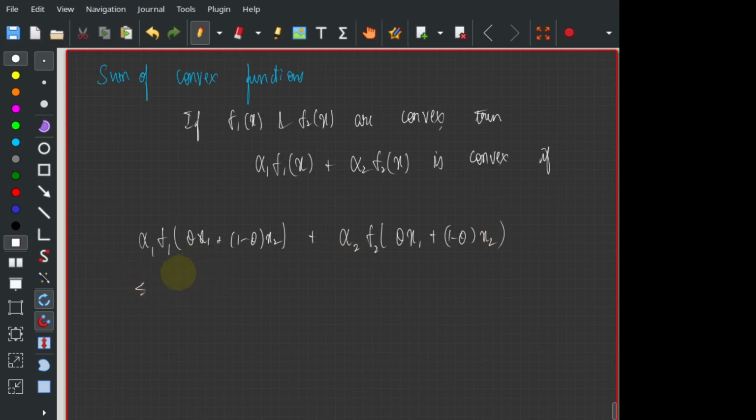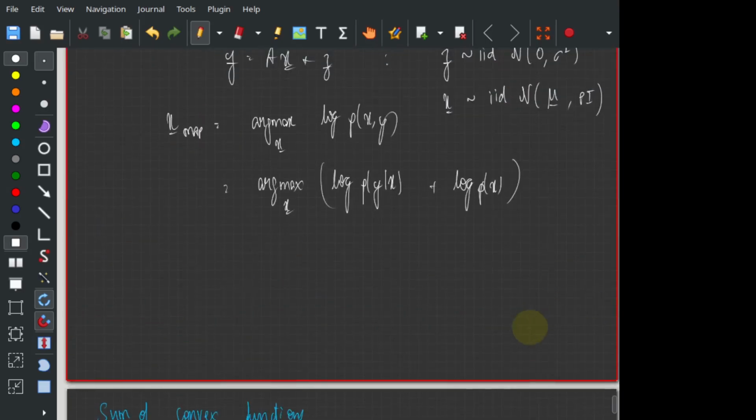Now I want to claim that this should be less than or equal to alpha 1 times theta f1 of x1 plus 1 minus theta f1 of x2, plus alpha 2 times theta f2 of x1 plus 1 minus theta f2 of x2.